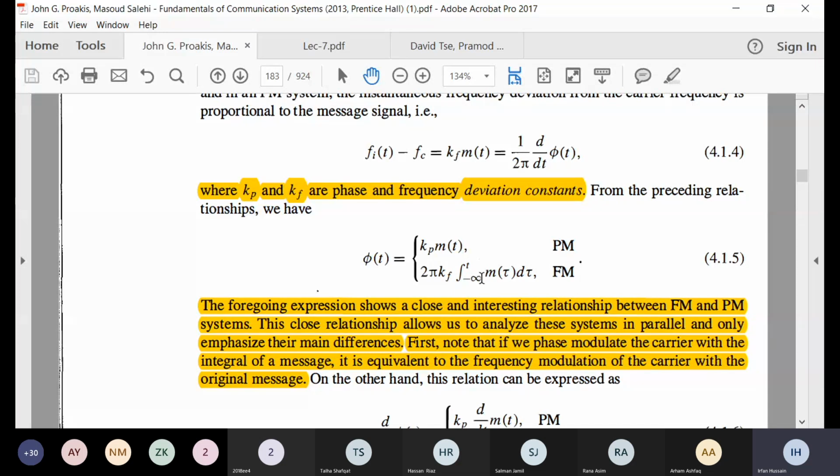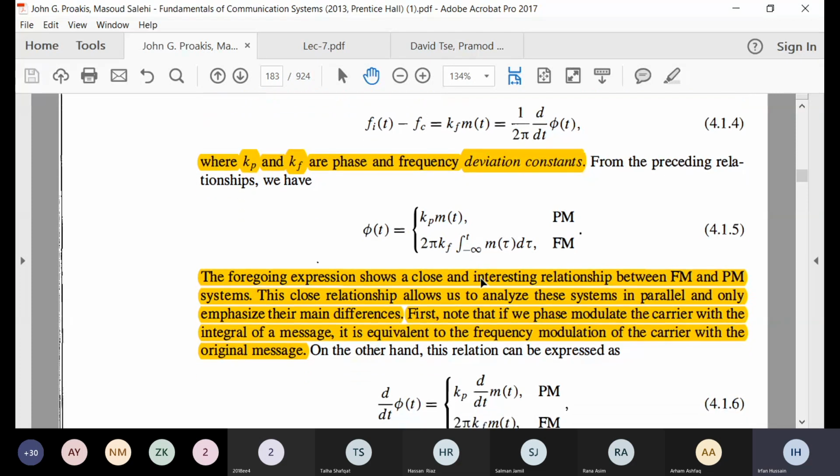Vice versa, if I take the derivative of the signal beforehand and then I pass it through my FM system, the derivative and integral will cancel, and in effect I first take the derivative and then I pass it through an FM. So the derivative will cancel with the integral, and in effect your derivative plus FM will come out to be a PM system.